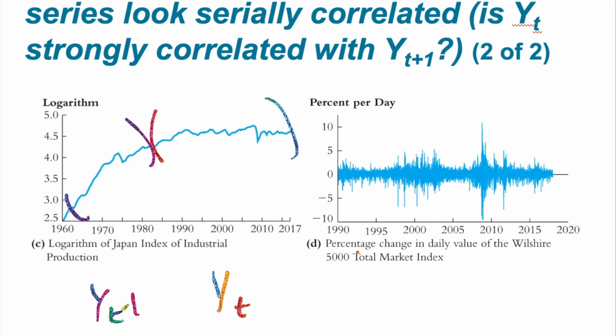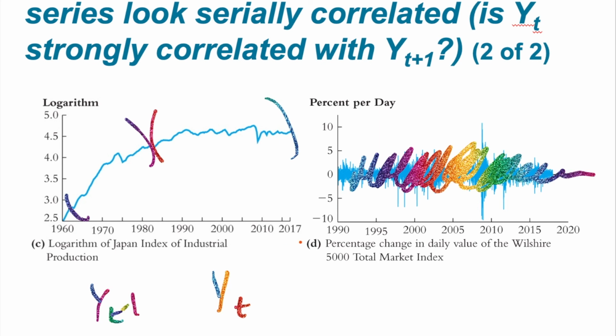And what about the percentage change in daily value of the Wilshire 5000 Total Market Index? No way. Folks, this thing is all over the place. I don't know how you're going to predict the percentage change in the market tomorrow based on the percentage change in the market today.